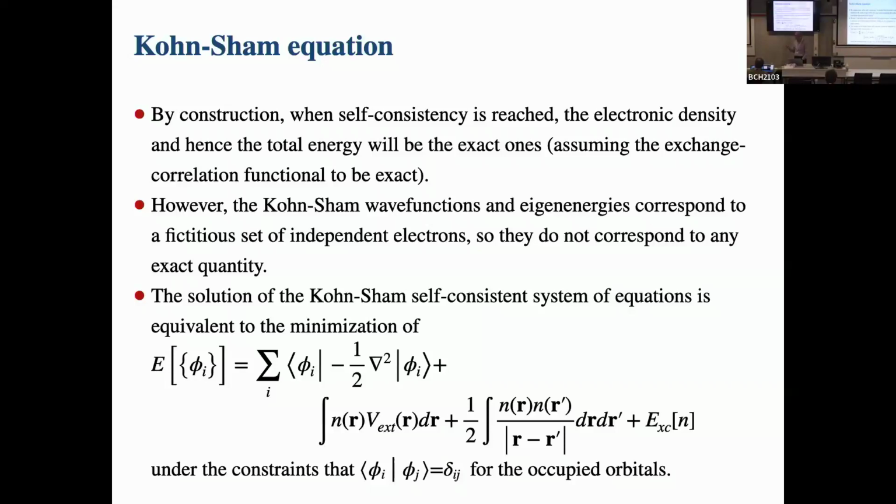So in principle, they do not correspond to any exact quantity. Solving the Kohn-Sham Hamiltonian is strictly equivalent to minimizing this functional of the wave functions, under the constraint that the wave functions are orthonormal.